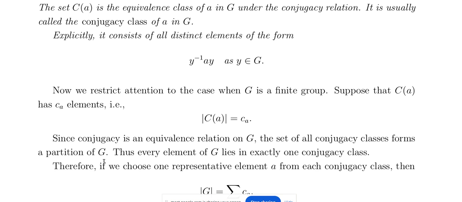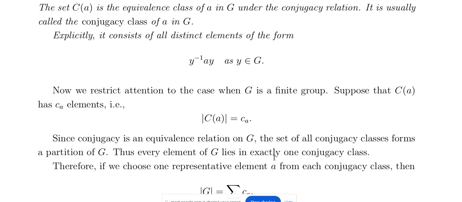So conjugacy is an equivalence relation ன்றதனால the set of all conjugacy classes of any group G form a partition of G அப்படின்னு சொல்லலாம். This is the very important point. Every element of G lies in exactly one conjugacy class.